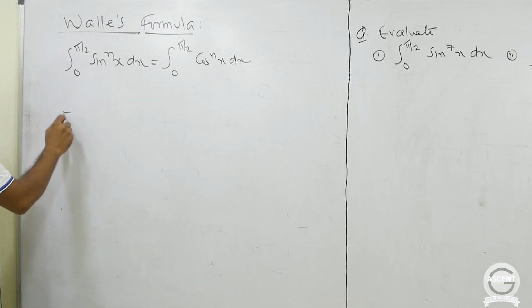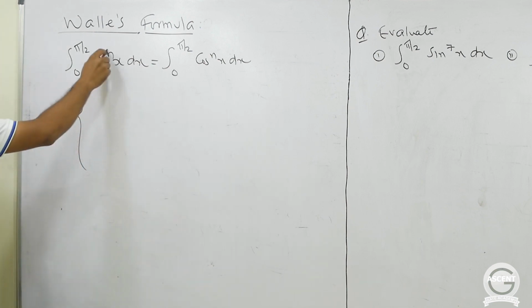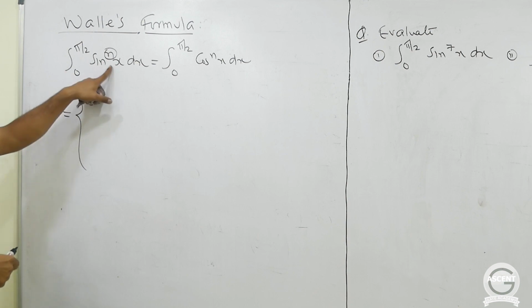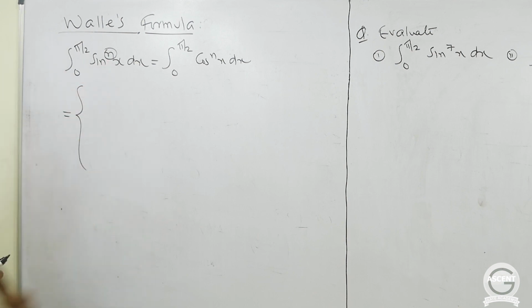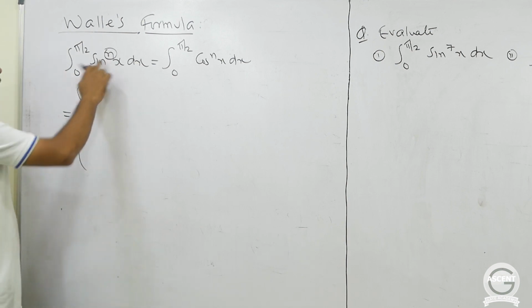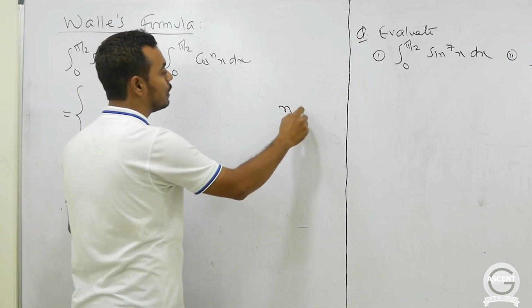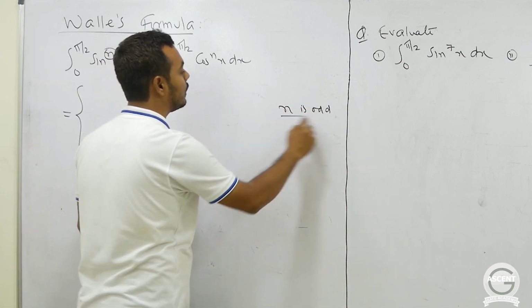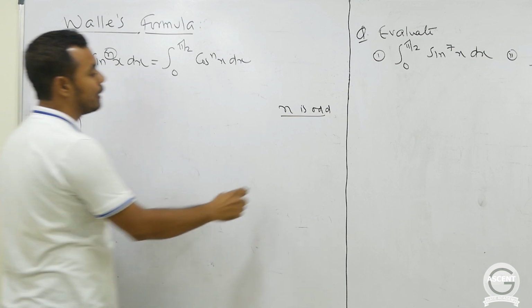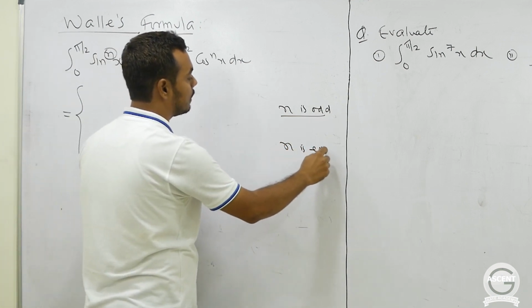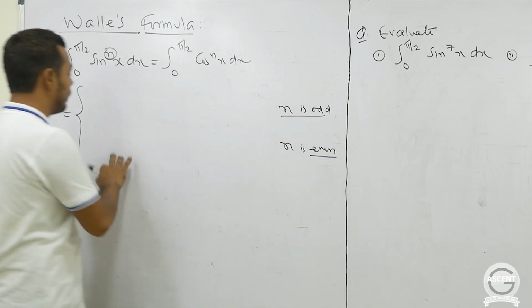The value of this integral will depend on this n. n will be some integer, so it might be an even number or an odd number. If n is odd, you will have the first formula, and if n is even, then you will have the second formula.